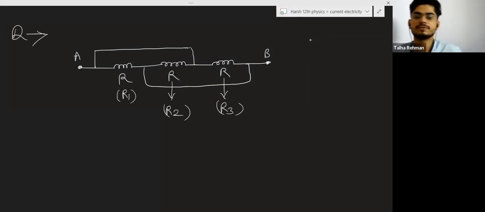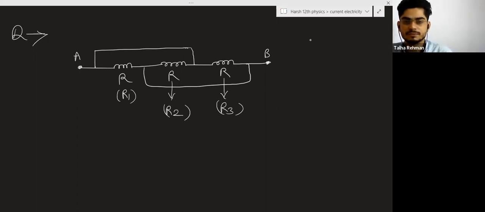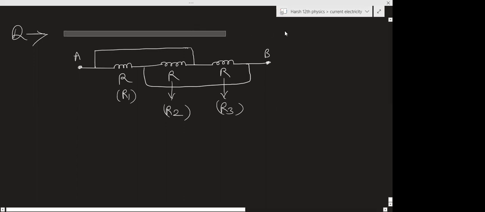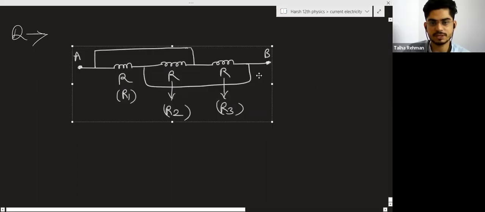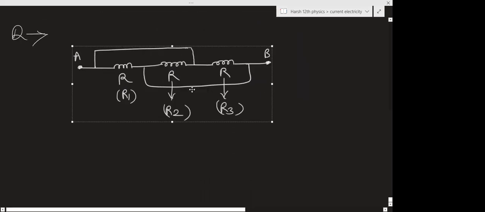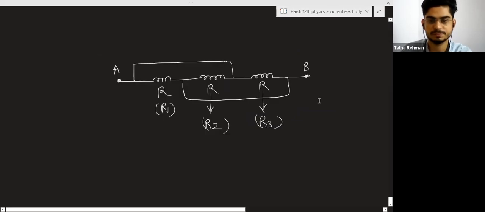Now, can you tell what kind of combination it is? Sir, R1 and R3 are in series, and then R2 is parallel to them. Okay, let's see whether your answer is correct.